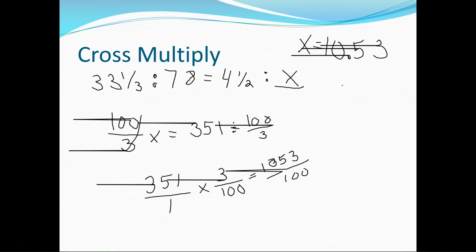All right, so that should be your answer right there, is that x is equal to 10.53. The whole reason I left the 33 and 1/3 as a third is simply because whenever you start moving thirds into anything, what always happens is you end up with 0.3s or 0.6s repeating. And so in order to not have to deal with that, you just leave it as a fraction and you solve from there.